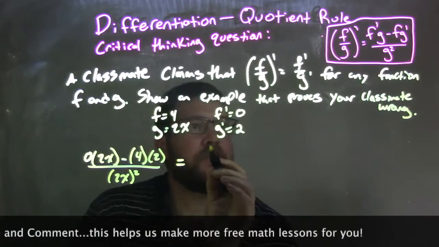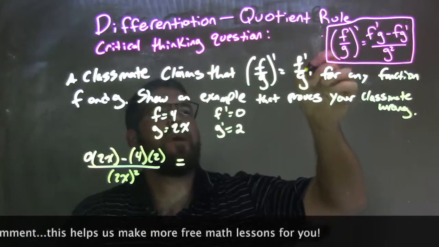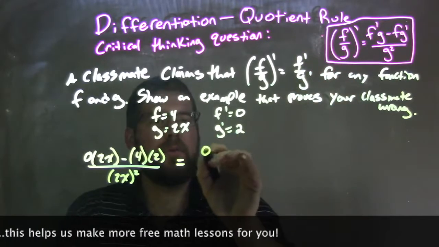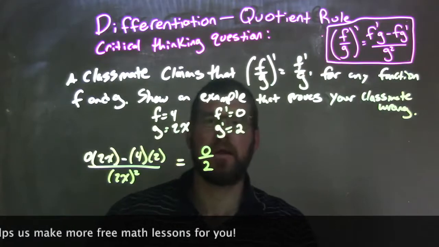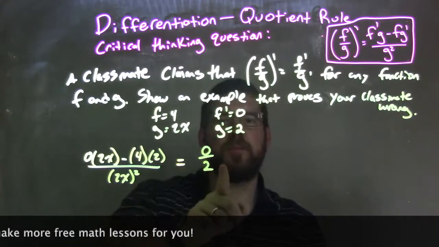On the right-hand side, they've said, what about f prime over g prime? So I'm going to put 0 over 2.